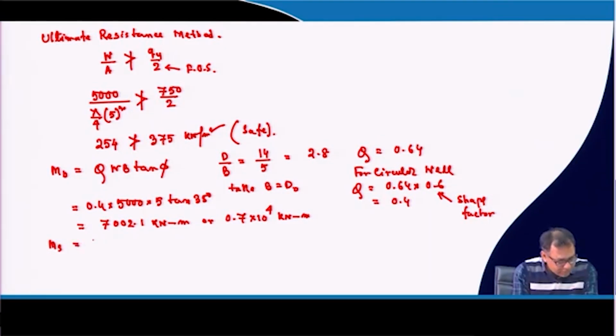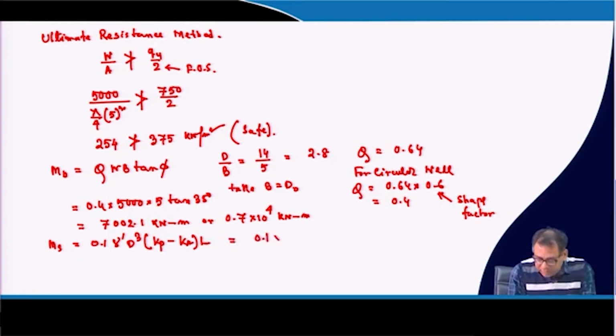Now, Ms for the circular well. So, Ms is 0.1 gamma dash d cube into Kp minus Ka into L. Okay. So, this is equal to 0.1, gamma dash is 10, then this is 14 cube, then Kp is 9.2 minus Ka is 0.245.